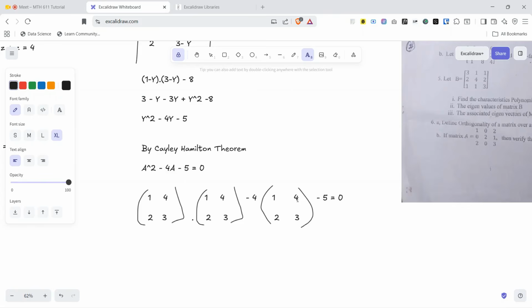So this is what you are going to have. By the time you solve all of this, the matrix we will end up having would be a 0 matrix. And that would confirm Cayley-Hamilton's theorem.